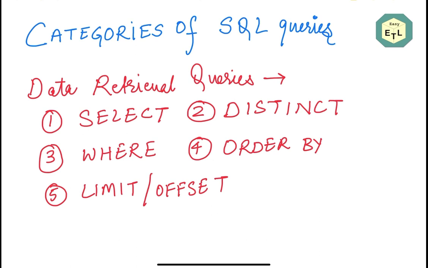For example, if I am doing a select star from table name, suppose table A, right? We have a table which is named as table A. It has 1000 rows in it. And if I do a select star from table underscore A, it will return me 1000 rows.